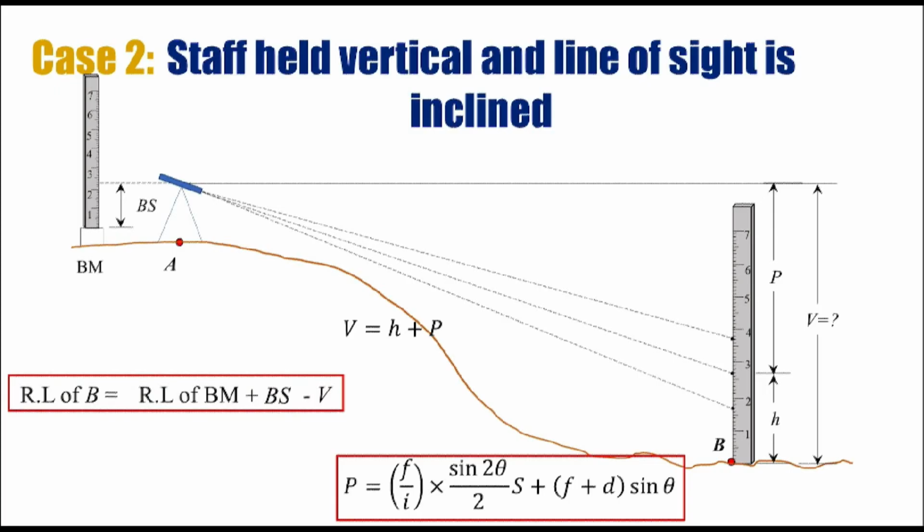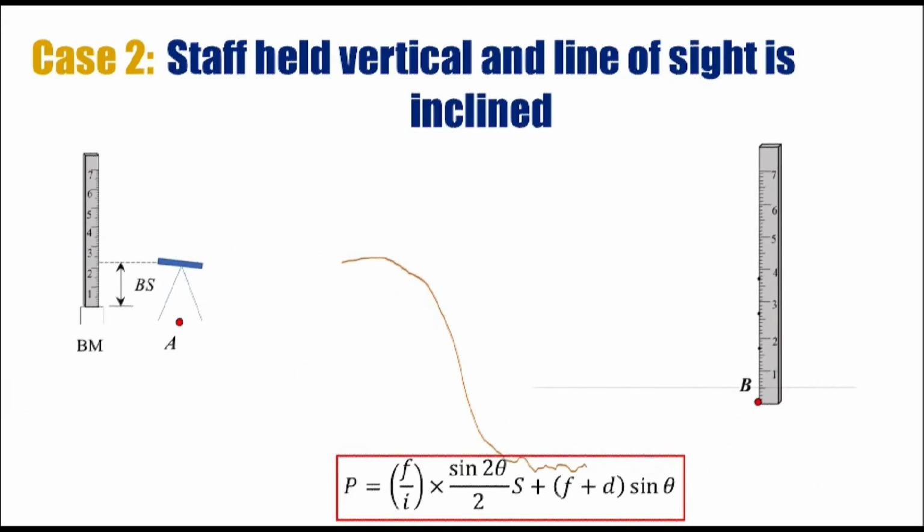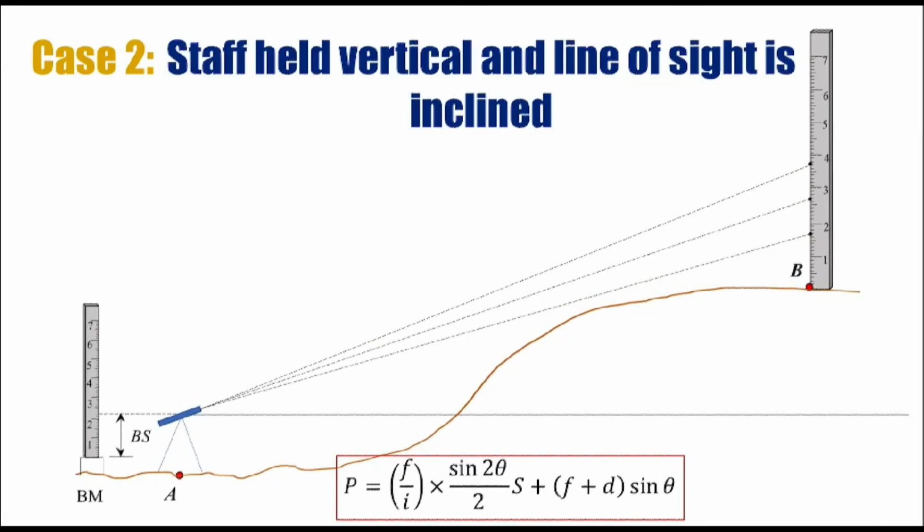So then this would be the final formula to determine the reduced level of point B. This was the case in which the angle was the angle of depression. But sometimes we have a case like the one shown here, in which the angle is the angle of elevation. So there would be a little difference in the calculation of the vertical distance. However, the calculation for the horizontal distance will remain the same. But in order to determine the reduced level for point B, we need to reconsider some parameters, like V as the distance between point B and the line of sight.